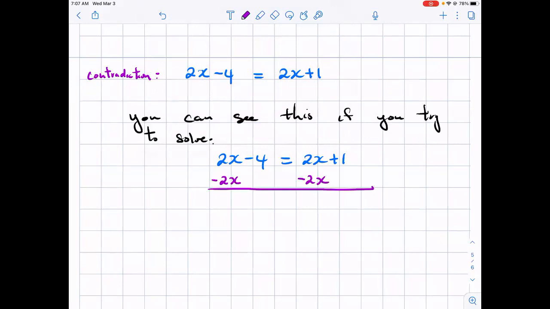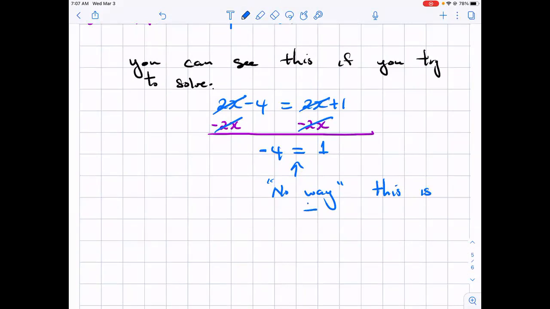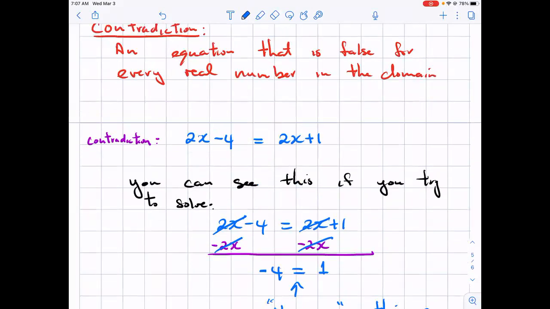You will notice that the plus 2x and the minus 2x cancel. That leaves me with minus 4 is equal to positive 1. And there is no way this is true. It's impossible. And when this happens, we say this is a contradiction. It's not possible.